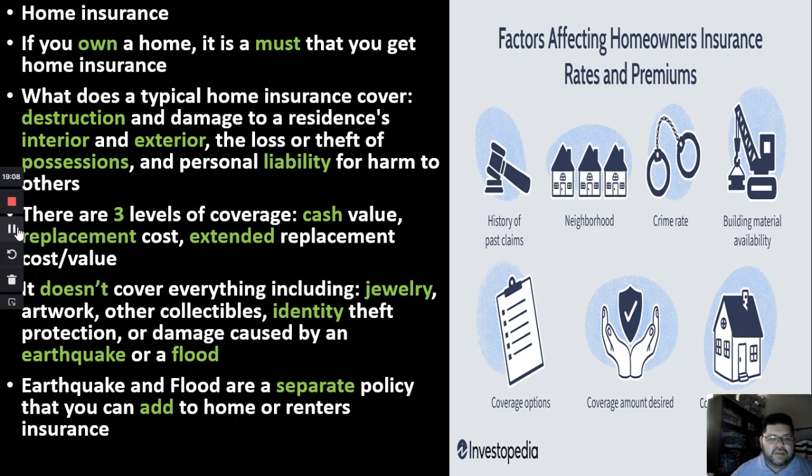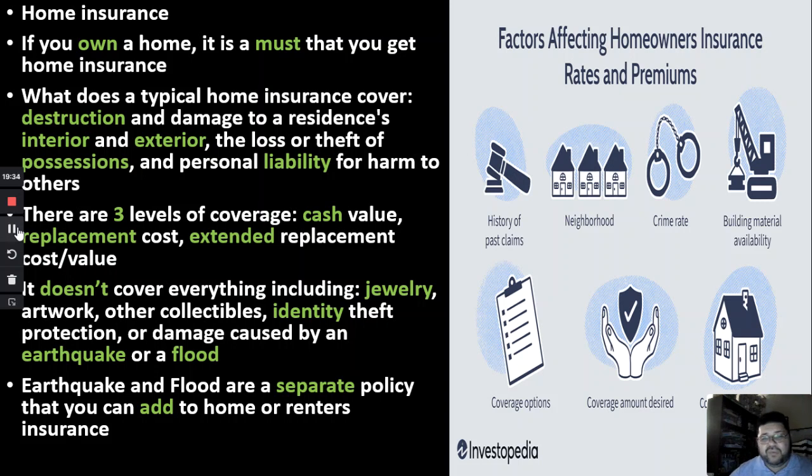Okay. Now here's the thing. Not everything is included with this. So stuff like jewelry, artwork, collectibles, identification theft, earthquakes, floods, all those things are not part of home insurance.